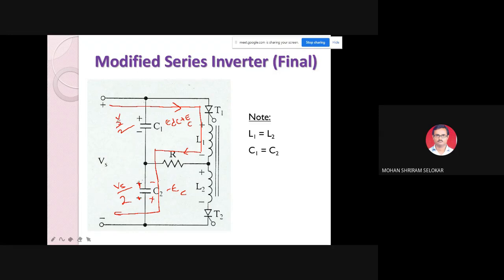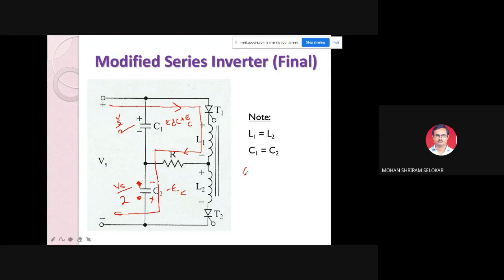When I now apply this voltage Vs, this is my current flow. Are we agree with this current? This is wrong in the circuit diagram. This will be positive, negative and positive. This is the situation. So this current will charge the capacitor C2. Whereas what will happen to the capacitor C1?